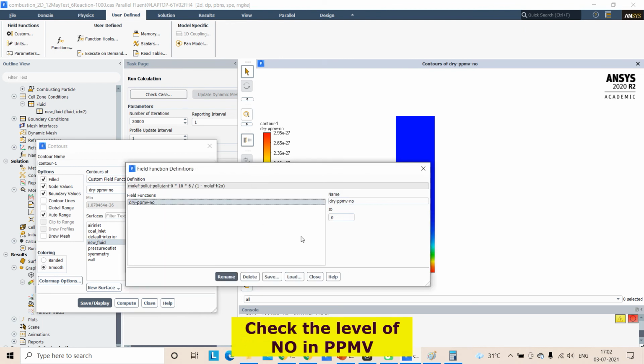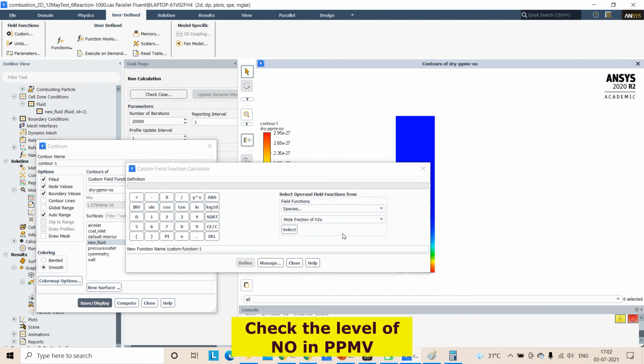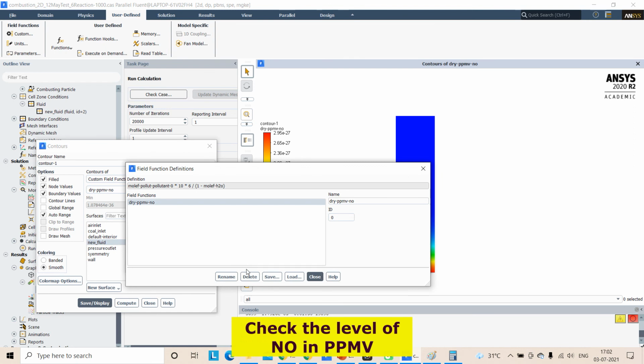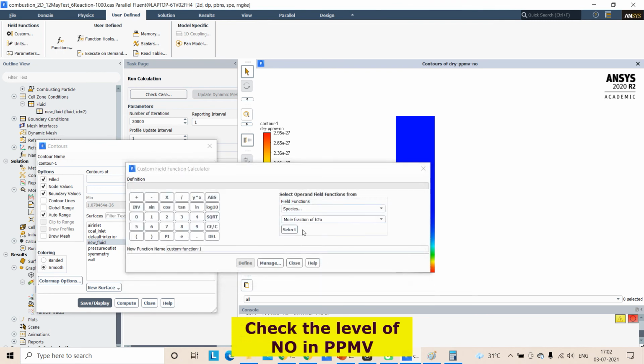I think it will be divided by 10 to the power minus 6. I can delete this. We have to take it again, delete, rename. We can take NOx. You can take it again.